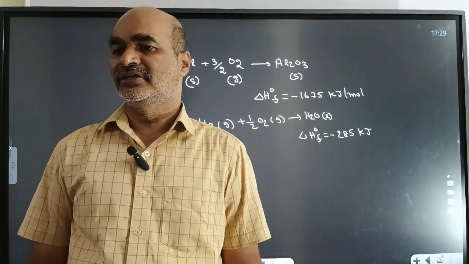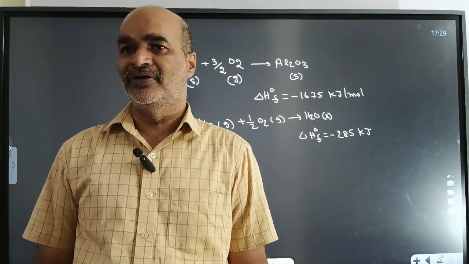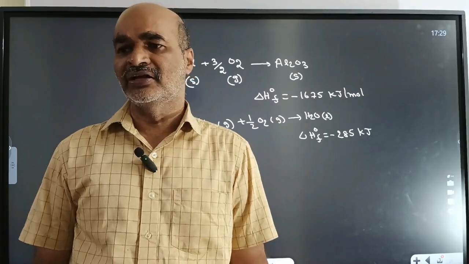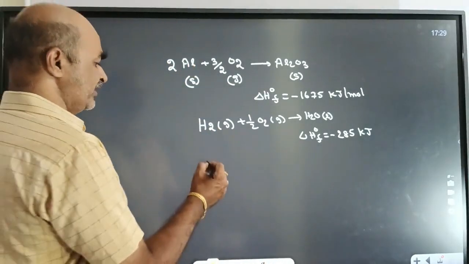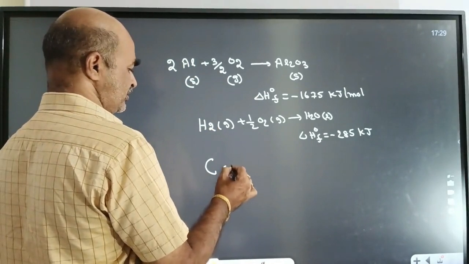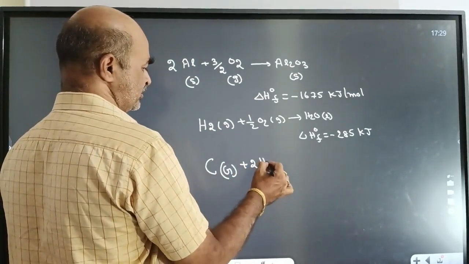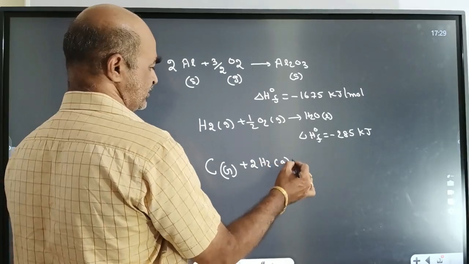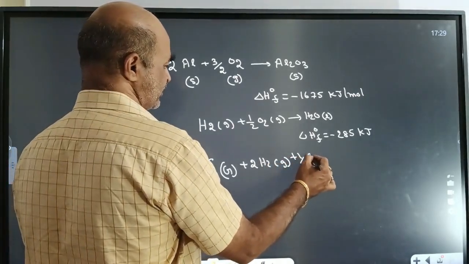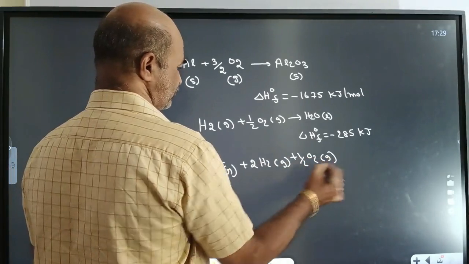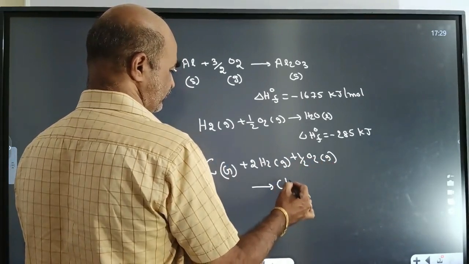Similarly, the standard enthalpy of formation of methyl alcohol: C graphite plus 2H2 gas plus half O2 gas gives CH3OH liquid.